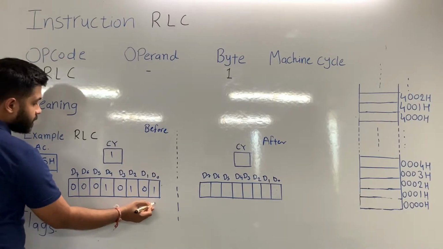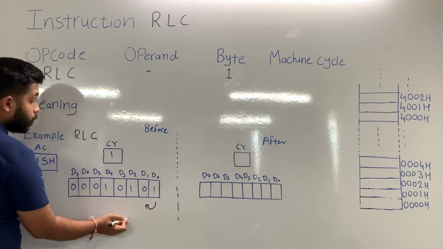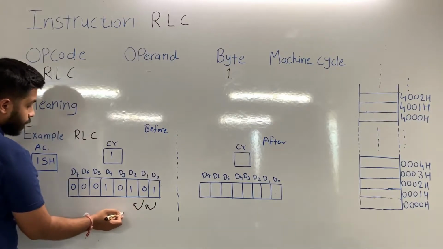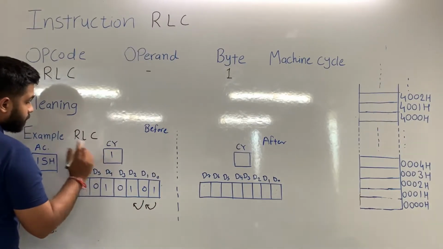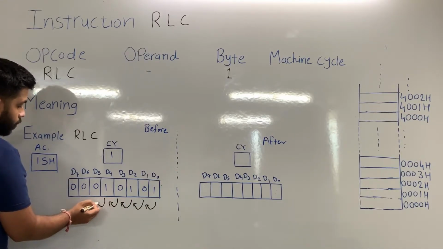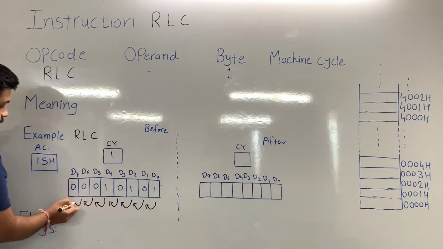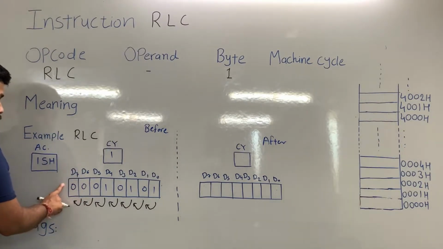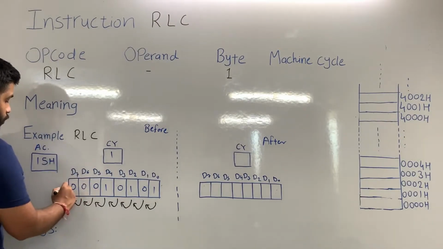The value which is present in D0 will be shifted to D1. The value in D1 will be shifted to D2. The value in D2 will be shifted to D3. D3 will be shifted to D4, D5, D6 and D7. Now the value which is present in D7 will be shifted to D0.